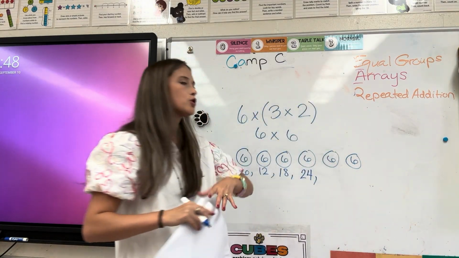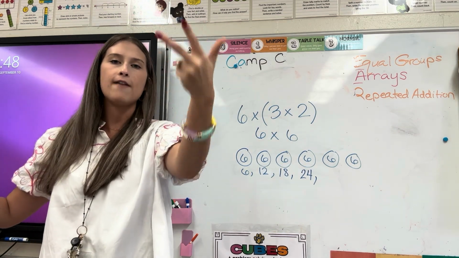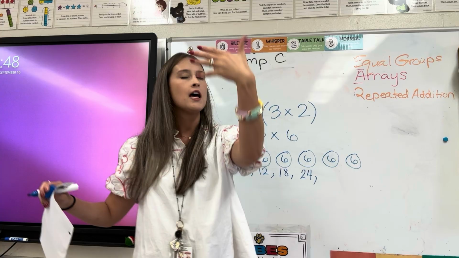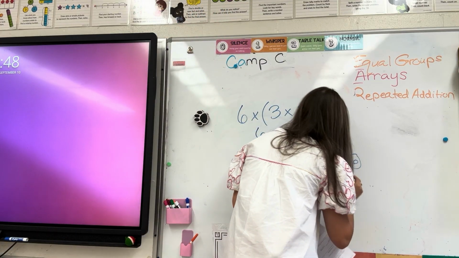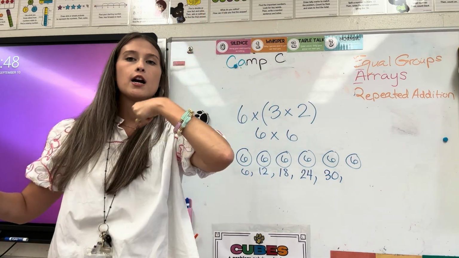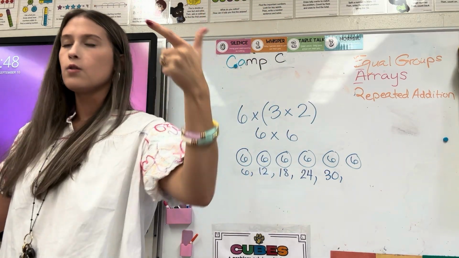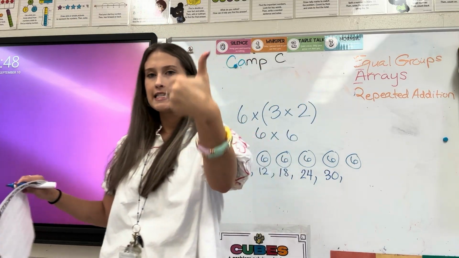Grab it, count up: 24, 25, 26, 27, 28, 29, 30. Grab your 30: 30, 31, 32, 33, 34, 35, 36.